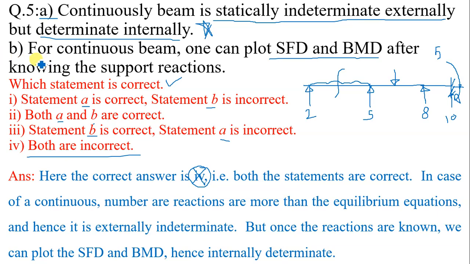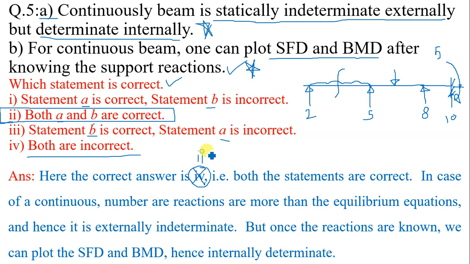Statement B, let us check. For a continuous beam, one can plot SFD and BMD after knowing the support reactions. So this statement is also correct, and hence both A and B are correct. This is the answer for this question.